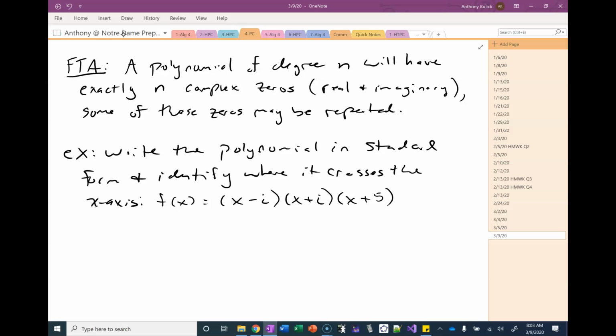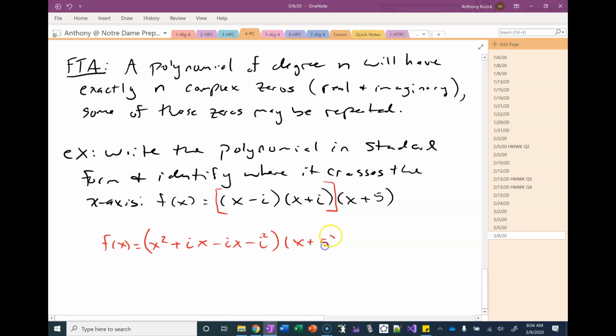So the first part of this multiplication to get it into standard form would be this part. Everybody's okay there? So when I FOIL this out, I get x squared plus ix minus ix minus i squared, times x plus 5.